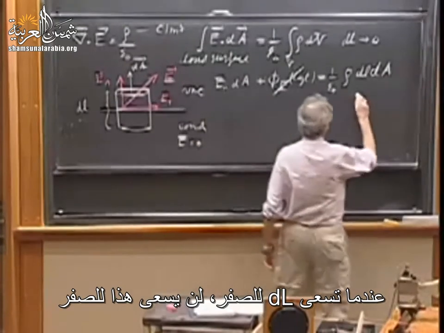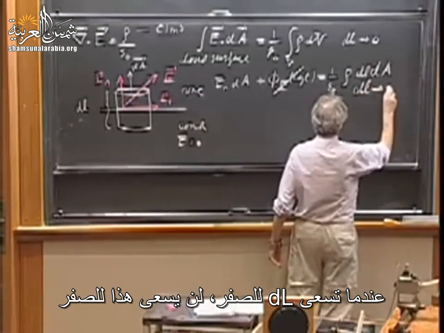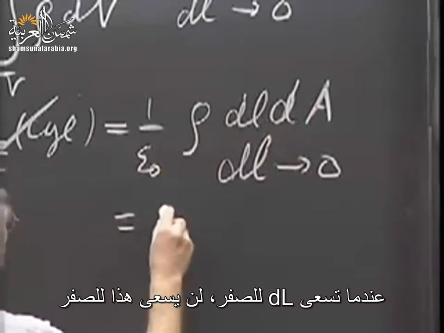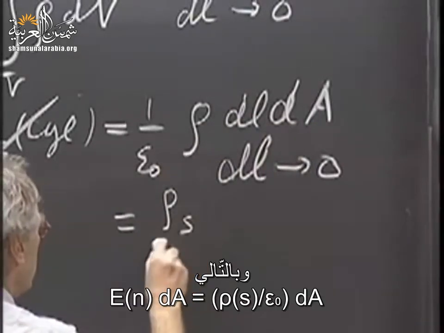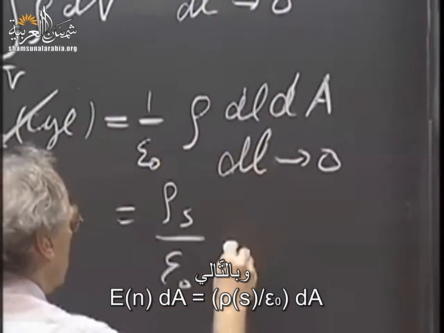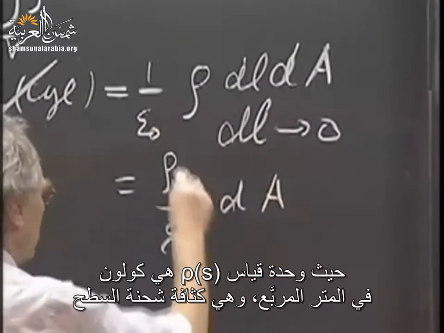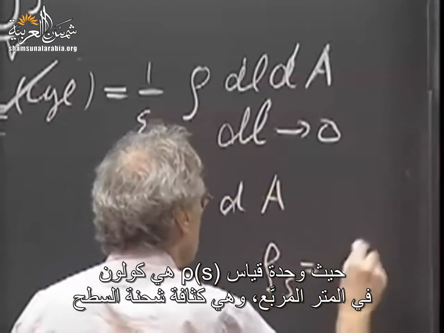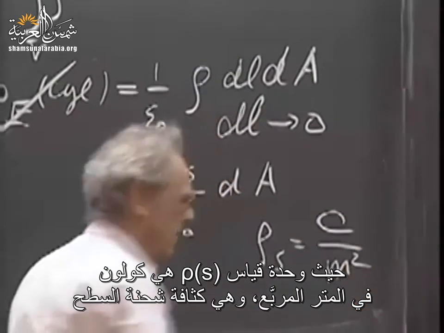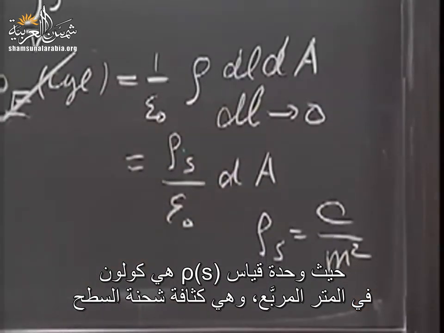And so in the case when dl goes to 0, this does not go to 0, but this becomes rho s divided by epsilon 0 times that dA. And this rho s now is coulombs per square meter.